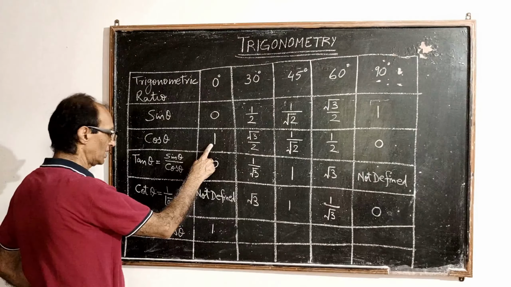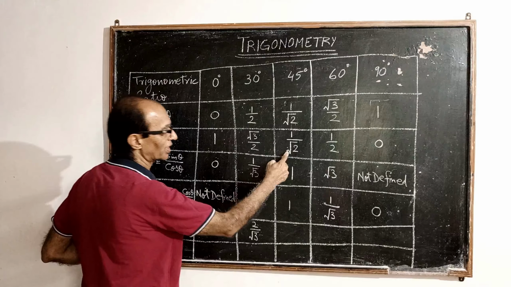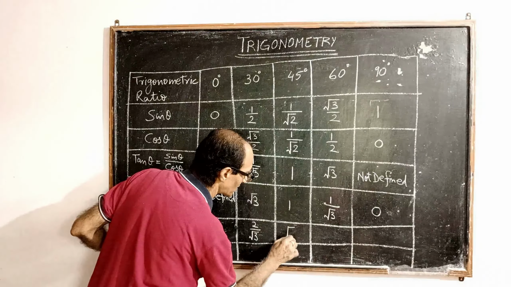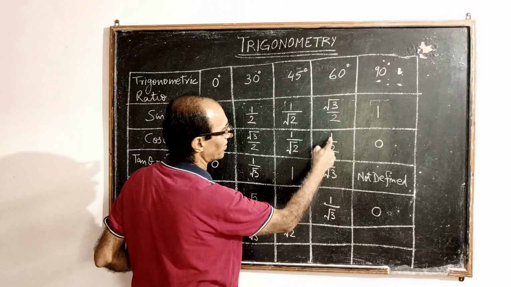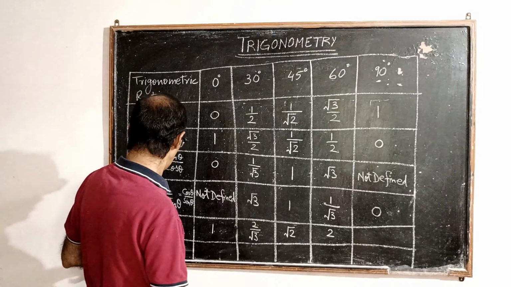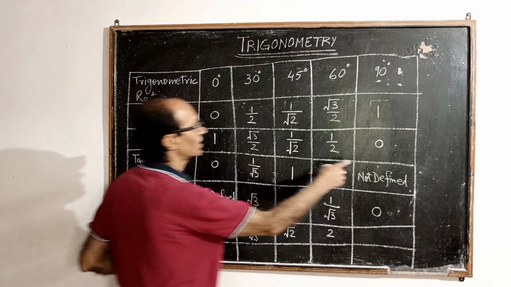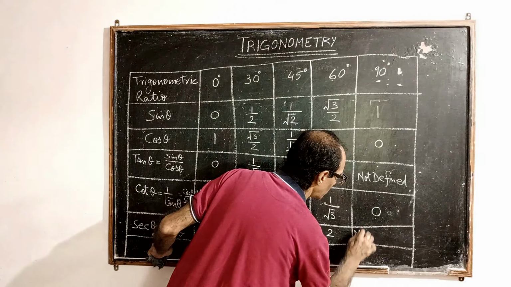So this becomes 2 divided by under root 3. Secant 45 degrees, 1 divided by 1 upon under root 2. That means it is under root 2. Then secant 60 degrees, that will be 1 upon 1 over 2, that is 2. And then secant 90 degrees, that is 1 divided by 0, that is not defined.